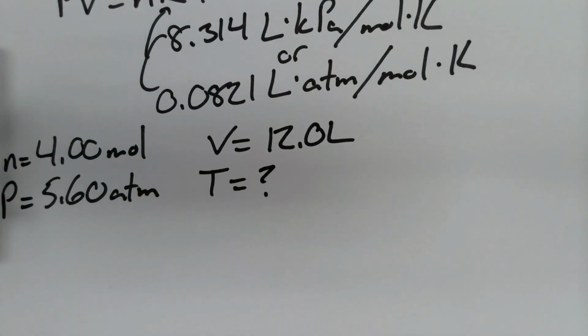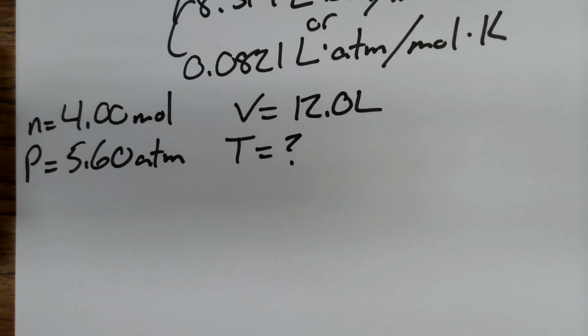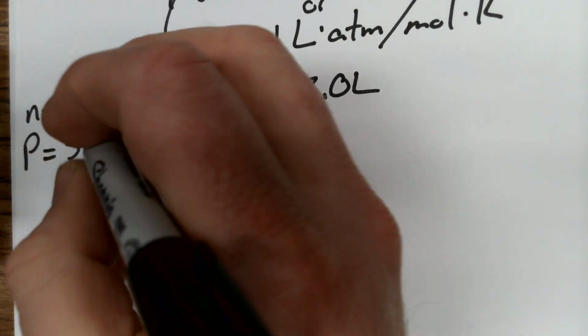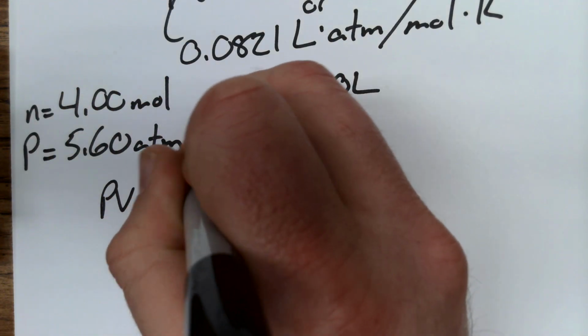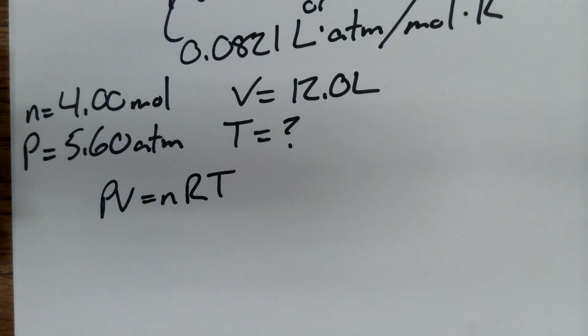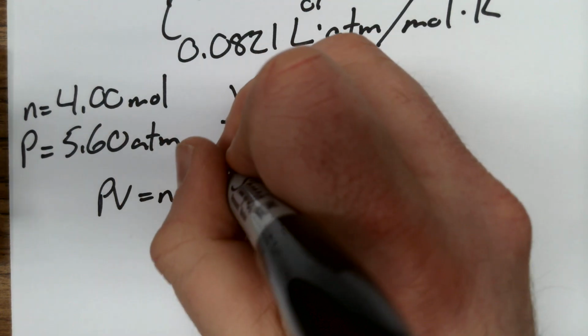First thing I do is identify what my variables are. Every question, I always start with what am I working with? So I take my ideal gas law equation, I write it down, PV equals nRT. What am I trying to isolate? The temperature.